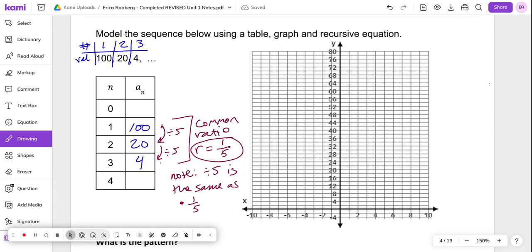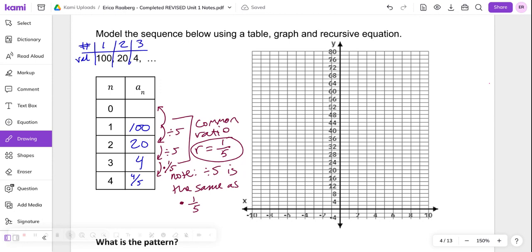So instead of doing divided by 5, I'm going to say it's times 1 over 5 to get to the next term. So we've got 4 times 1/5 would be 4 over 5. You can always write that as a decimal, which would be 0.8, but I'm going to leave it as a fraction. I like fractions.